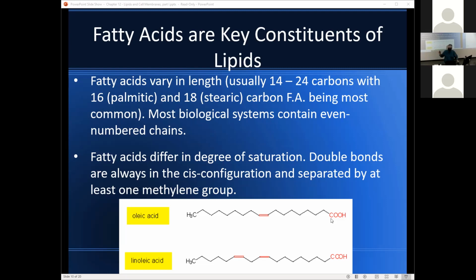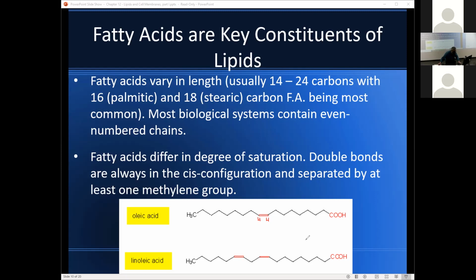All of these double bonds have hydrogens in the cis configuration. Okay, what does that mean? Again, I'm going to try to draw with the mouse, which is hard sometimes, so forgive my artwork if I'm less than neat. So that means the hydrogens are here and here.